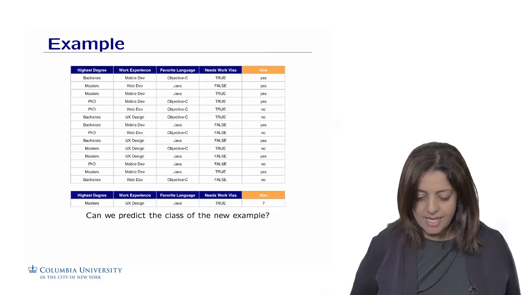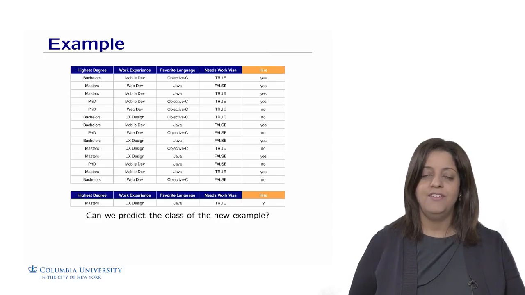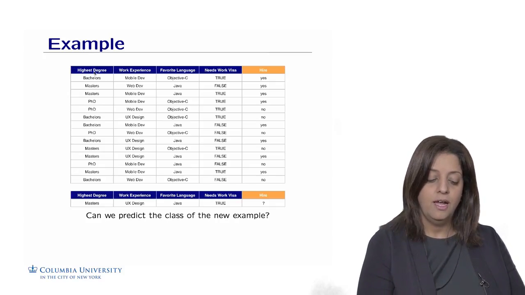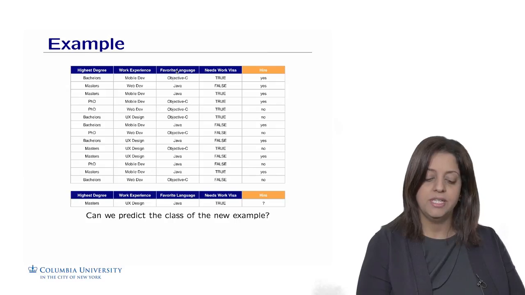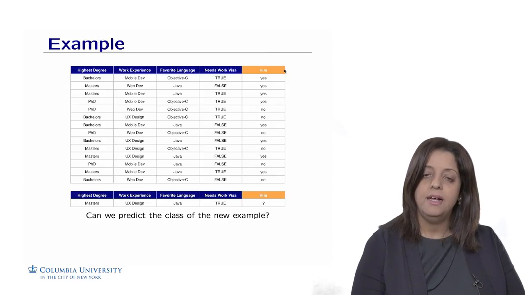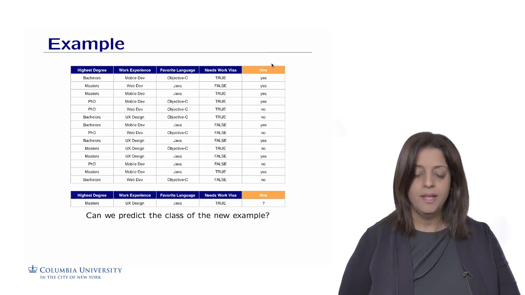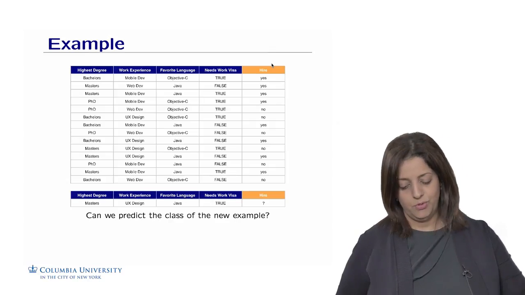Okay, so here's an example. We call this the example of hiring different applicants. Suppose we again have these four features: highest degree, work experience, favorite programming language, and needs work visa. We have some historical data that tells whether the company has hired each applicant or not, right? This data set is supposed to be very large.